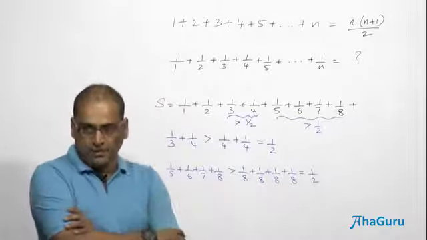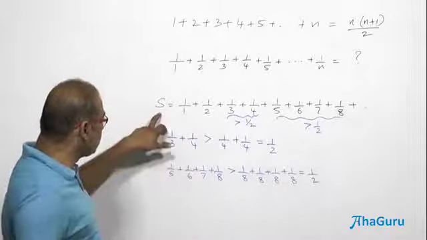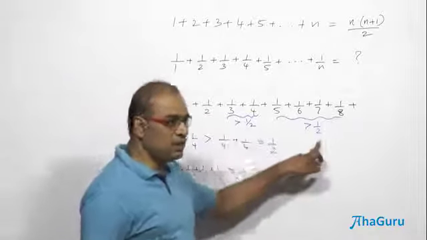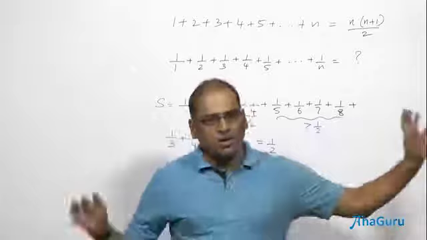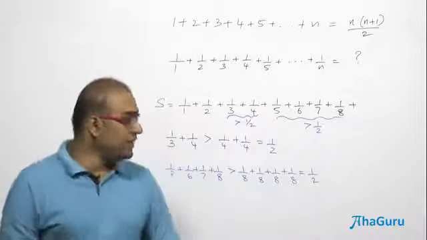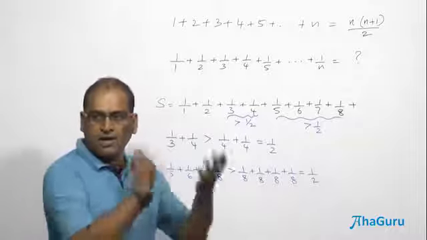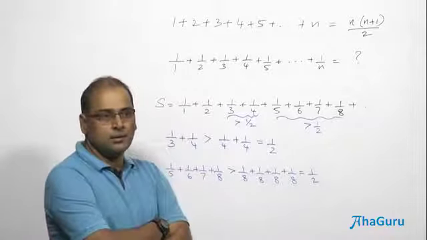So, another half. So this S is equal to 1 plus half plus more than half plus more than half. Like that you will have a lot of more than halves. But half and half gives 1. Are you able to understand? This will keep on continuing.